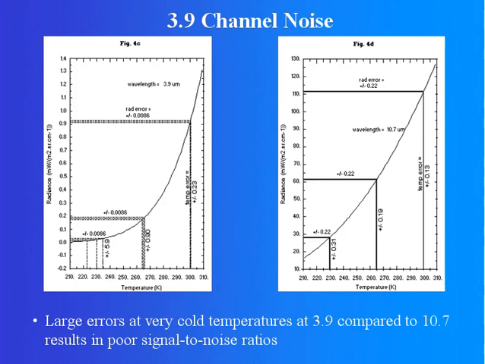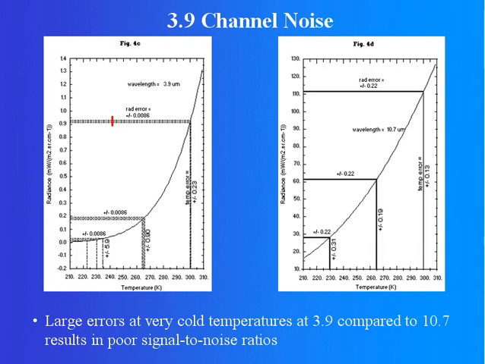The 3.9 micron channel often has extreme noise on the tops of cold thunderstorms at night, and these plots explain why. On the left here, we have the Planck curve for an object emitting anywhere from about 210 Kelvin, very cold, to around 300 Kelvin on the right. And the little lines on the left here indicate the typical noise associated with the instrument itself, or the error associated with the instrument.